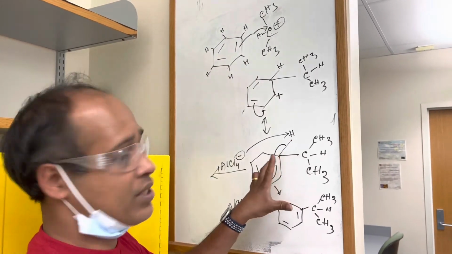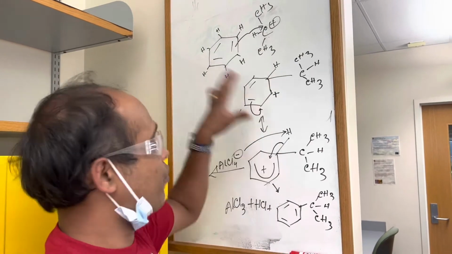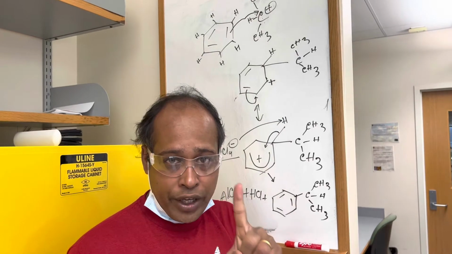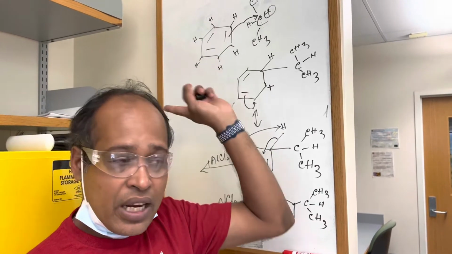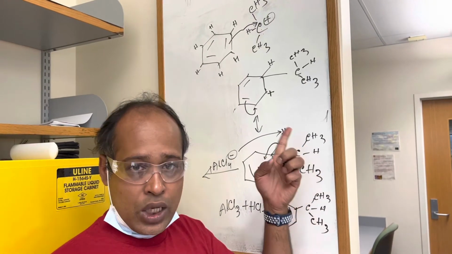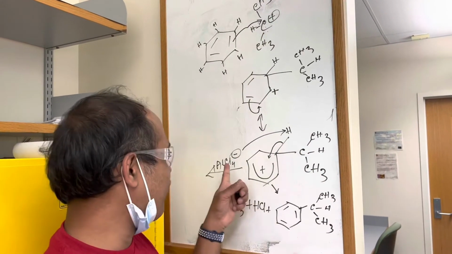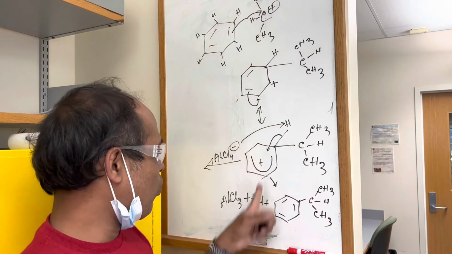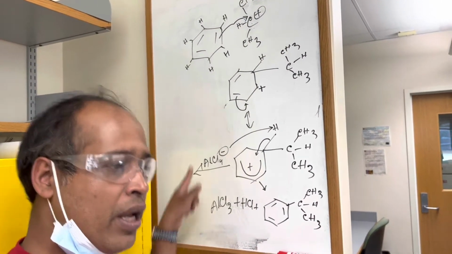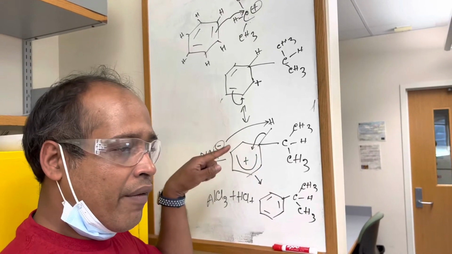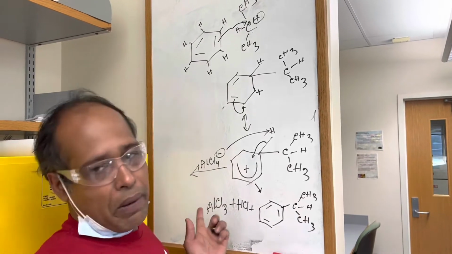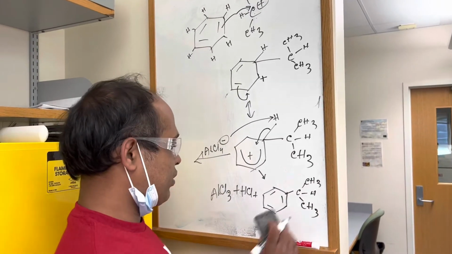If you look at this mechanism, from the beginning it reacts with only one equivalent of aluminum chloride to take the chlorine out of the alkyl halide to make the carbocation, and finally it takes the one hydrogen to give HCl and comes back as aluminum chloride, so it works in the reaction as a catalytic cycle. So just one aluminum chloride is enough.